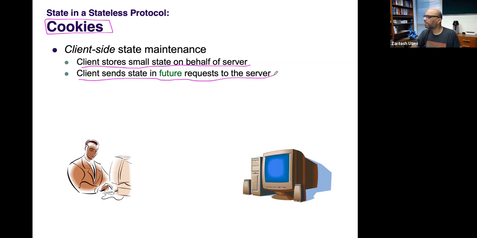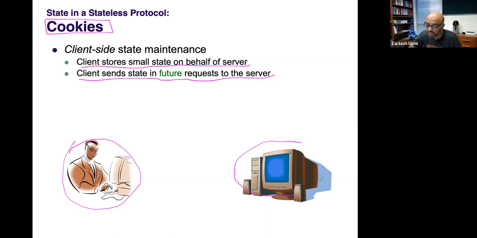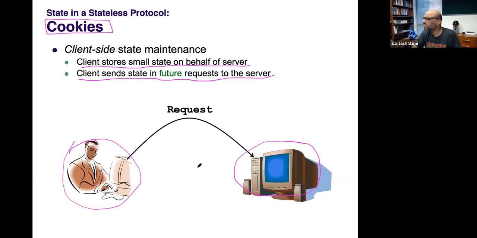I will give you an example. This is a client on the left-hand side. This guy wants to send a request to this server and wants the server to remember him. So the first request which goes to the server is just like a normal request.